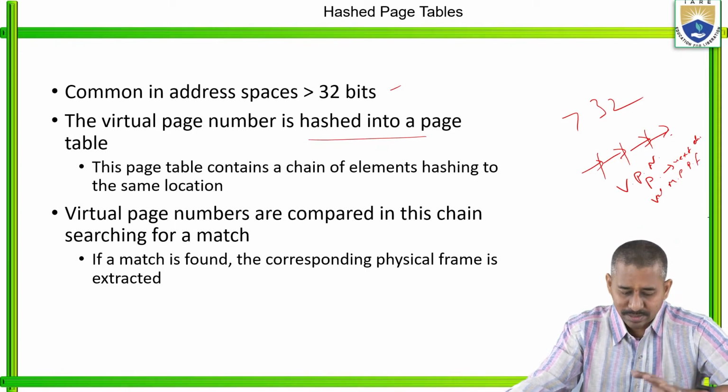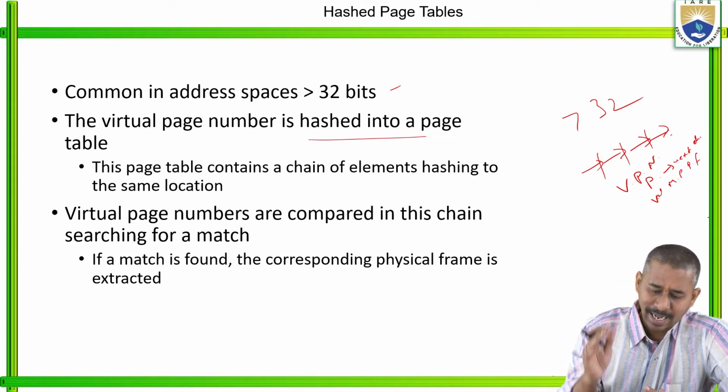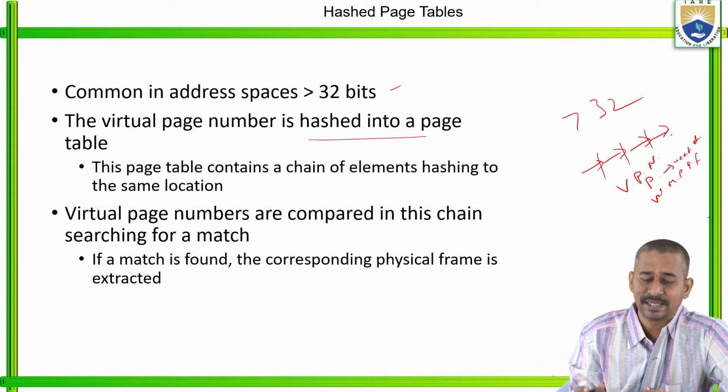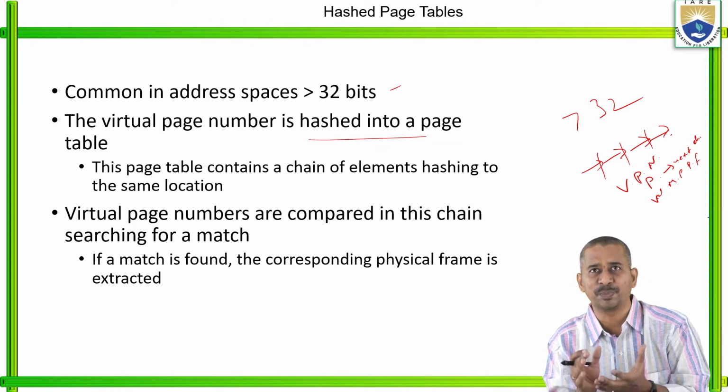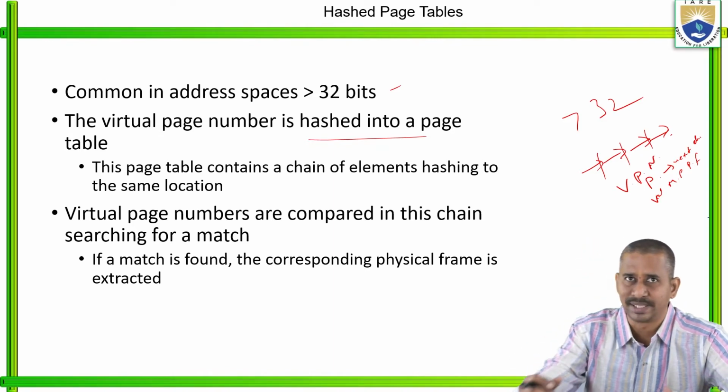Right. So simply say that hashed page table is a method we need to use whenever the logical address space is larger than 32 bits.